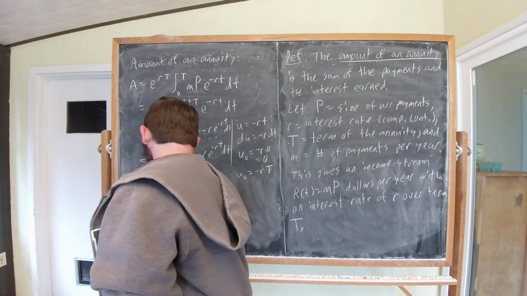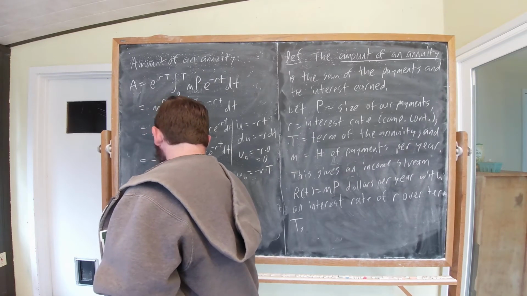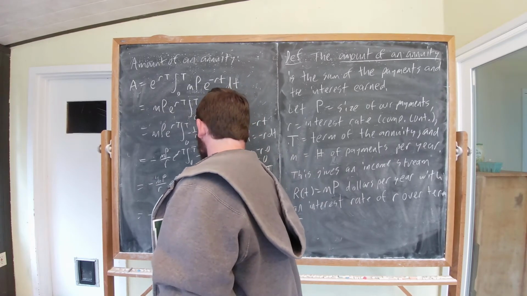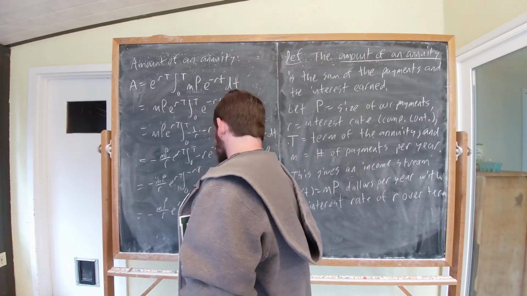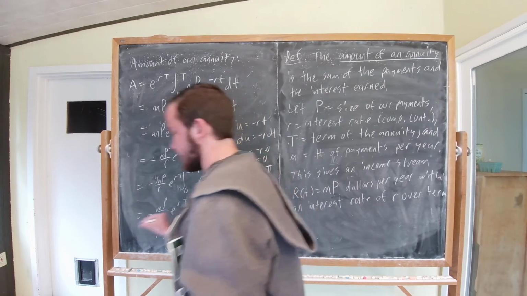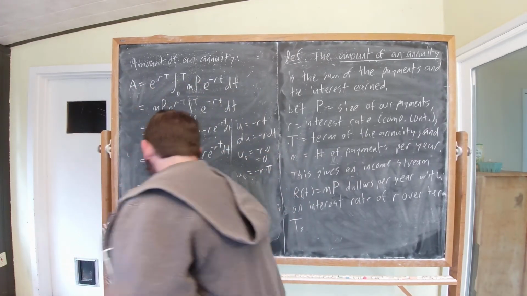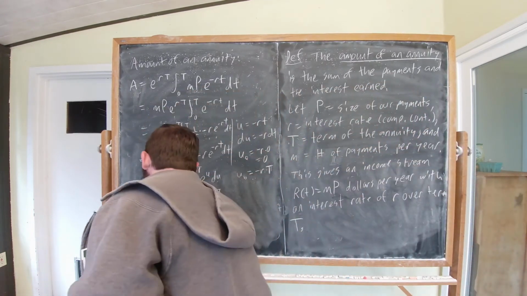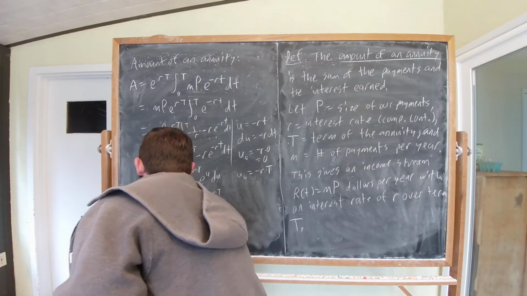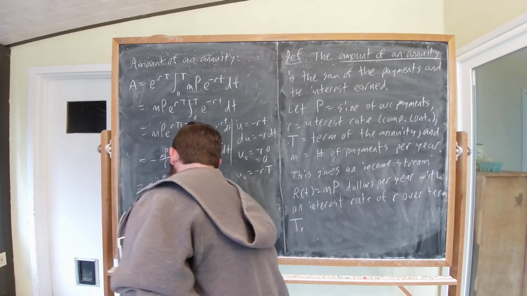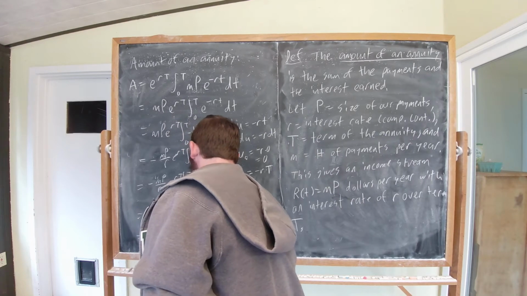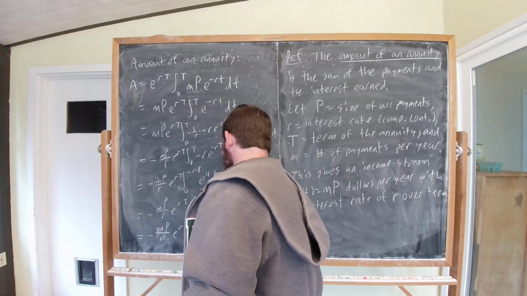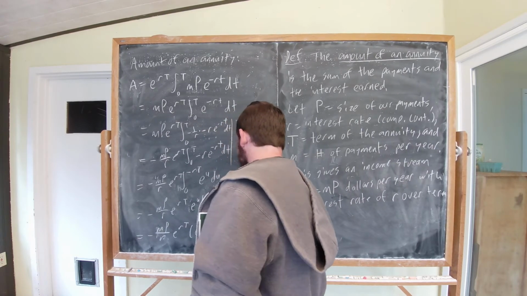Integrate, and you have negative m capital P over r e to the rT times e to the u as u runs from 0 to negative rT. Which, if you just keep going a little bit further with it, promise it sorts out even more nicely at the end. Negative m times capital P divided by little r e to the rT times e to the negative rT minus e to the 0th.